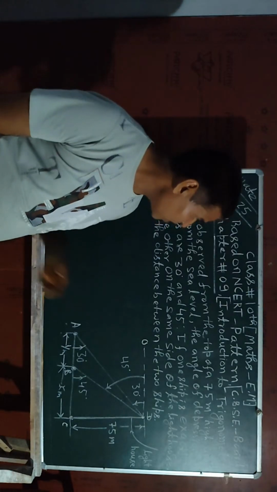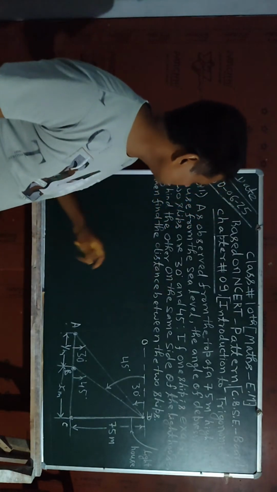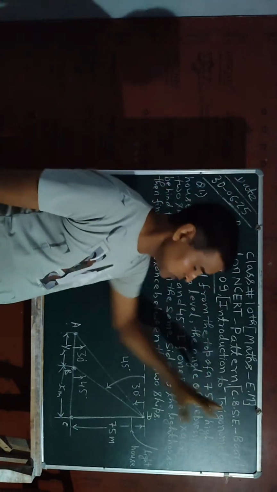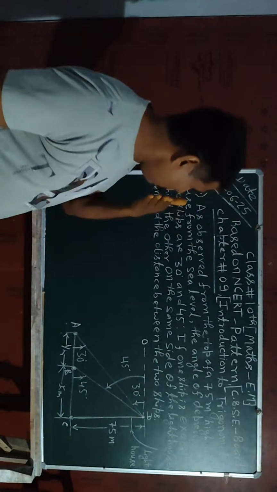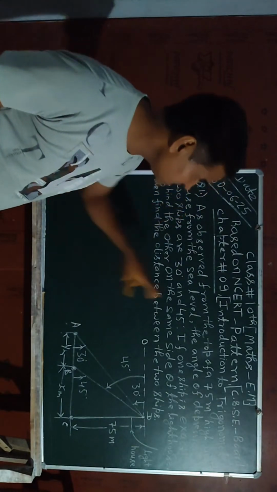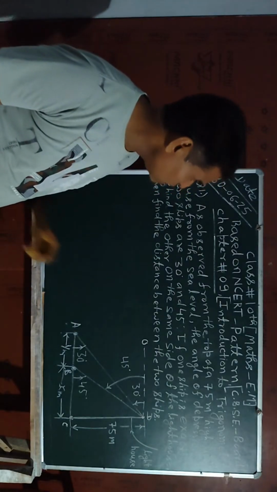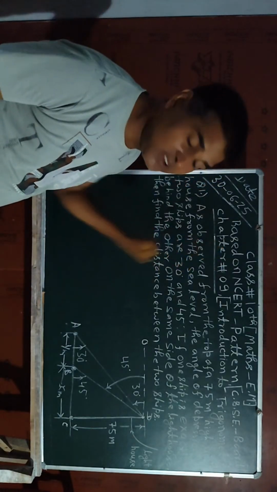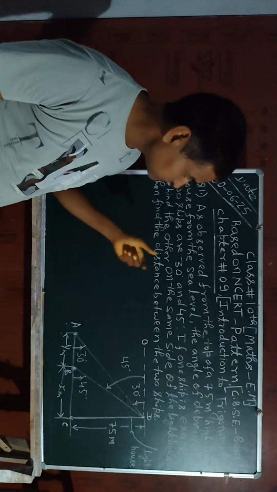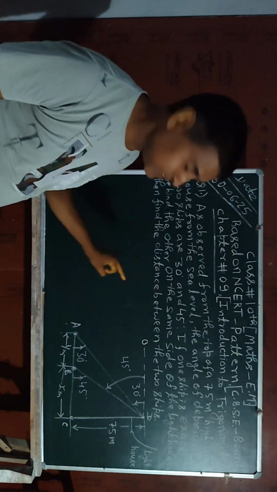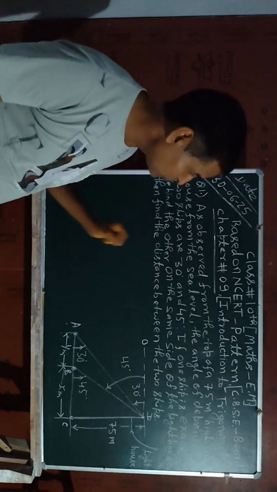Okay students, this is chapter number 9, whose name is Introduction to Trigonometry. All concepts of trigonometry I have already discussed with you. Now I will apply that information in the new chapter, height and distance, that is word problems.